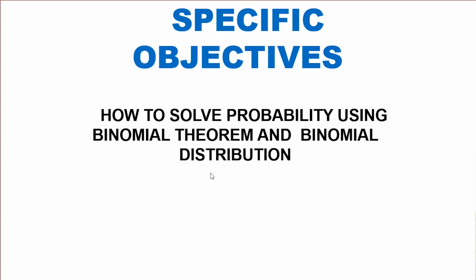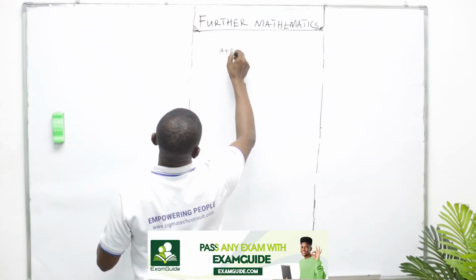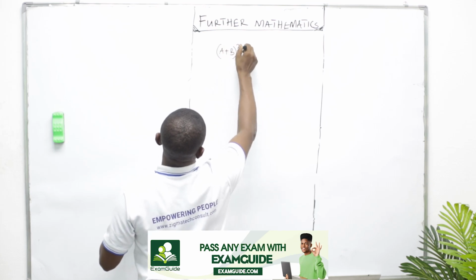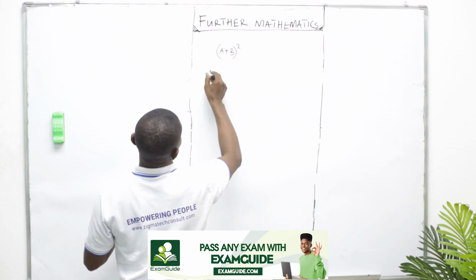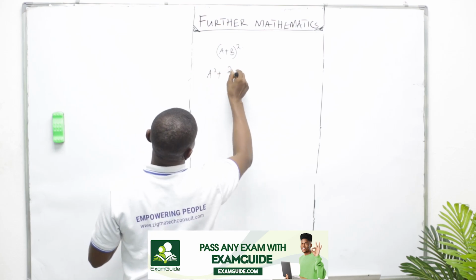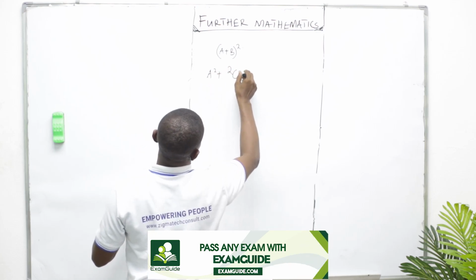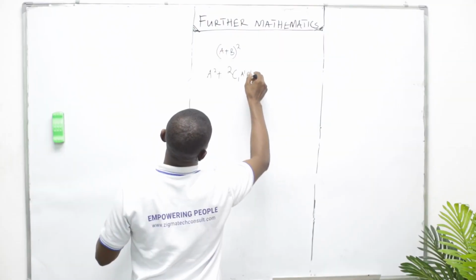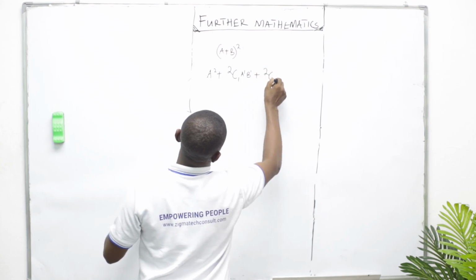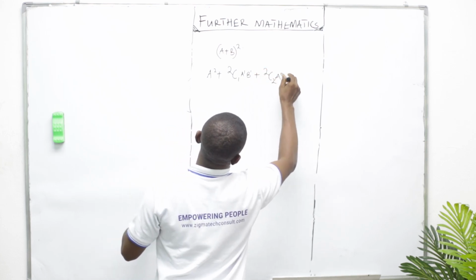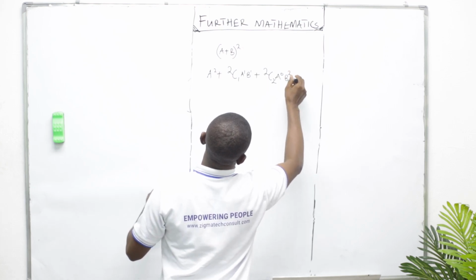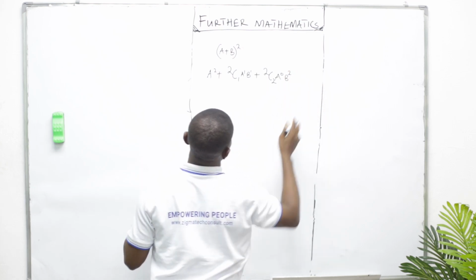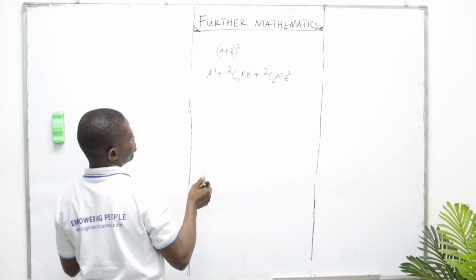The basic foundation in binomial theorem: if you have, let's say, (a + b) raised to power 2, we have a squared plus 2 combination 1 into a power 1 b power 1, plus 2 combination 2 a power 0 b power 2, in this order.